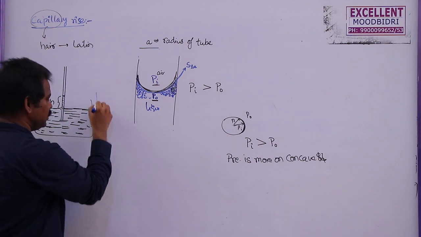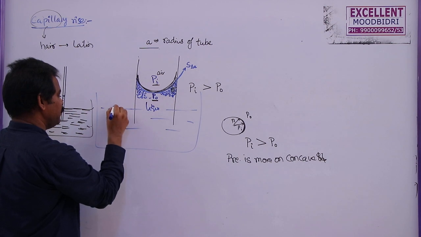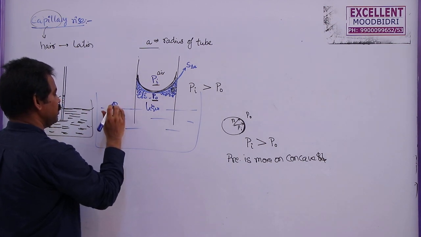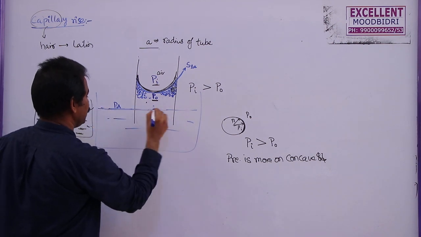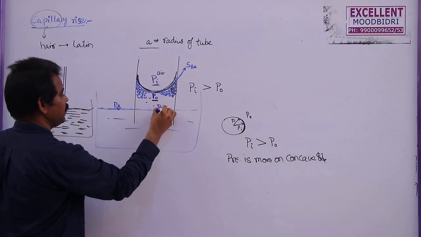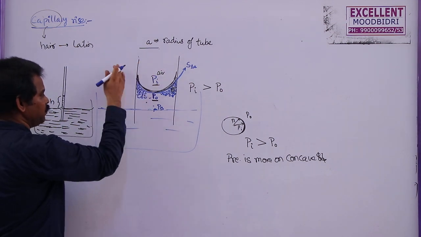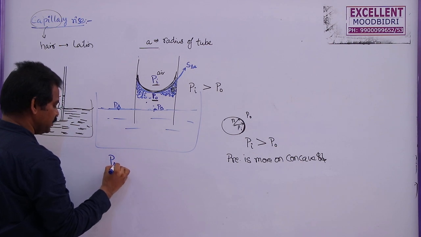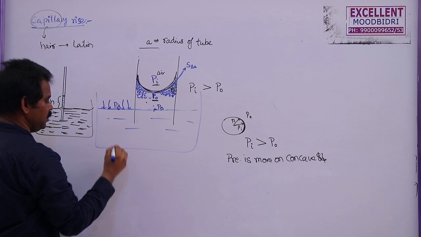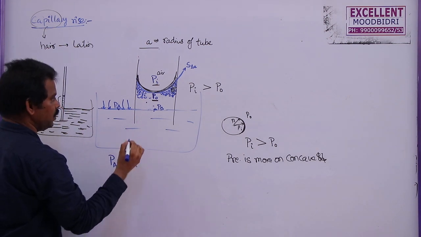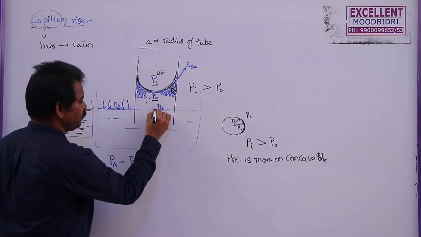Now if you consider this tank, this is the liquid here. Here the pressure is atmospheric pressure, so I am taking this as PA. The pressure at the same level should be same at A and at B. This atmospheric pressure and this air pressure both are equal. So pressure of atmosphere on this liquid surface is PA, which is equal to PI, that is inside this air bubble. But how to find the pressure here?